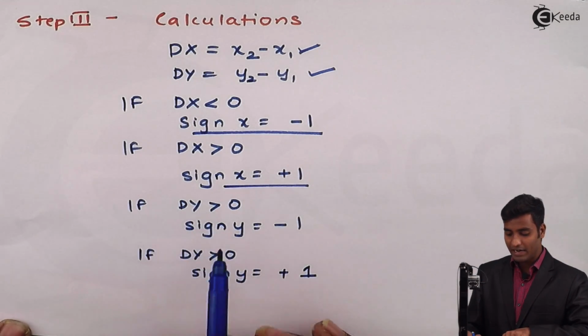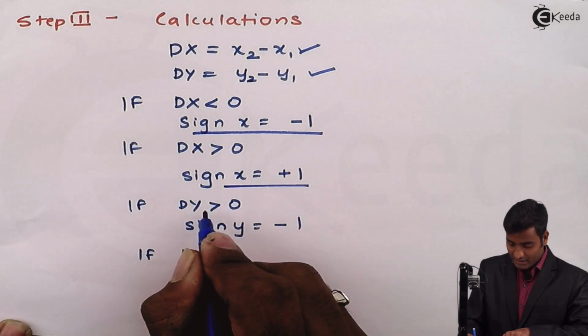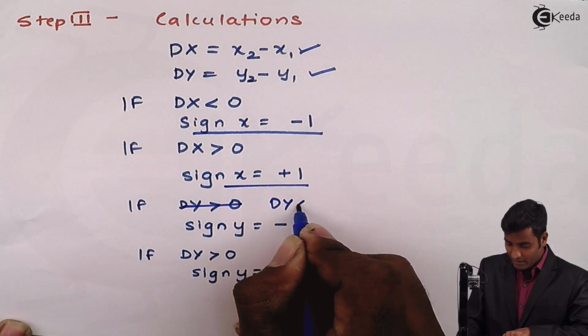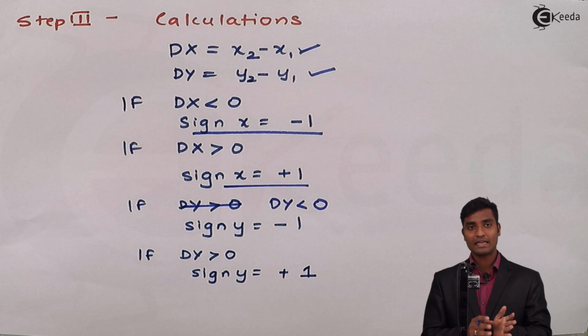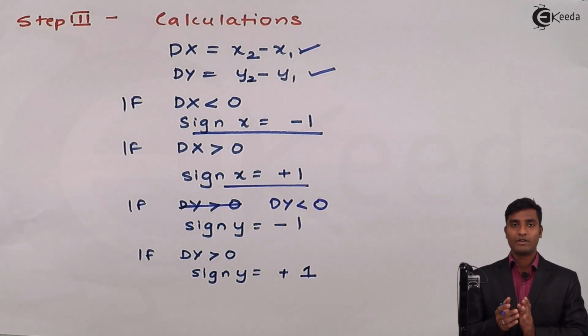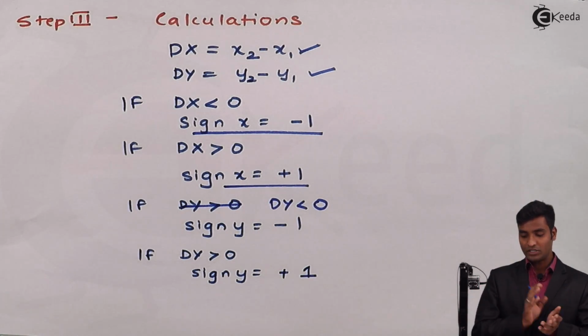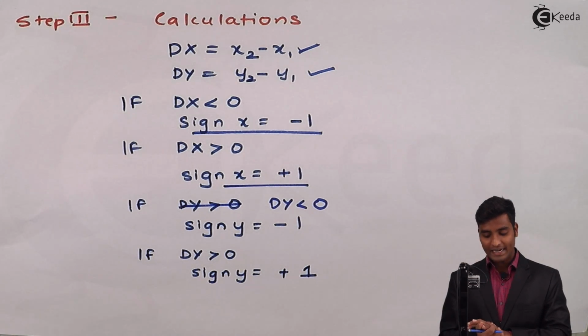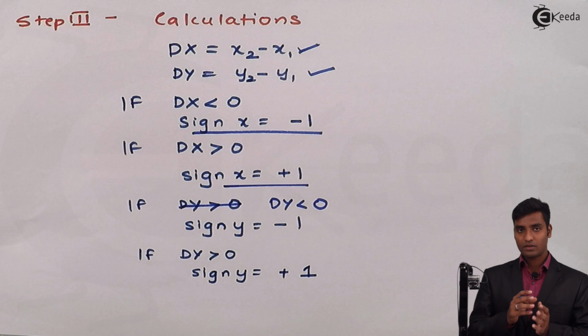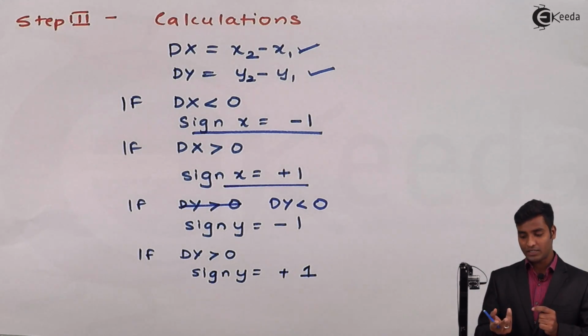Similarly for dy, the first condition is dy less than 0, in which case sign y is minus 1, and we subtract 1 from the original value of y. And similarly for dy greater than 0, the value of y is added with plus 1.